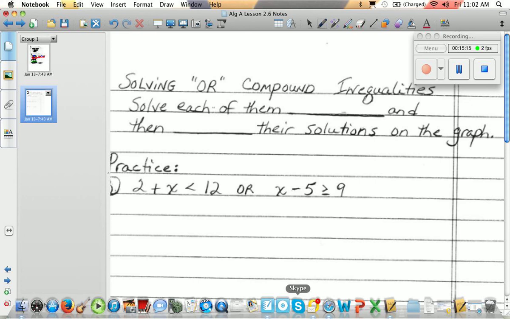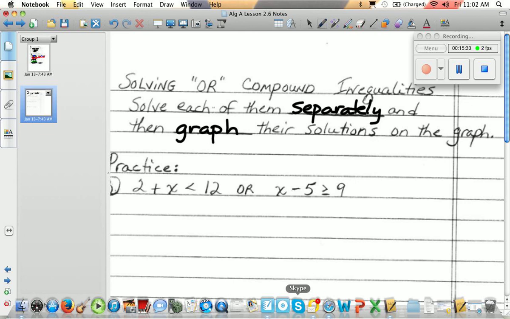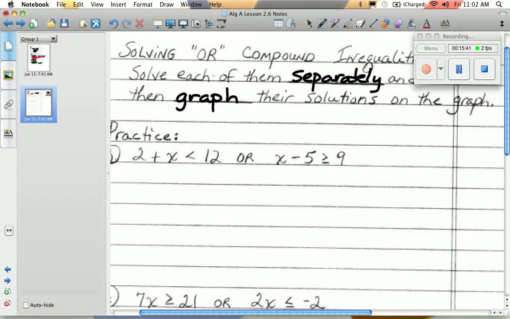We have to solve each of them separately, and then graph their solutions on the graph. We're going to put their solutions together on the graph, but we have to solve each of them separately and use the word or in between them, just like how it starts out as.